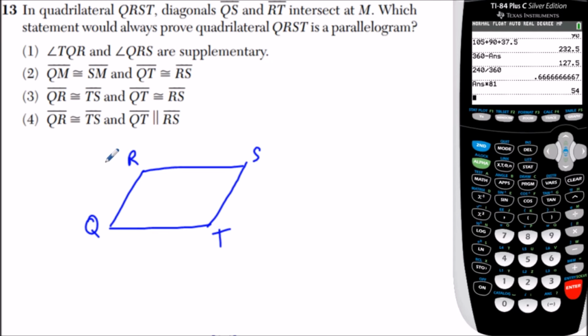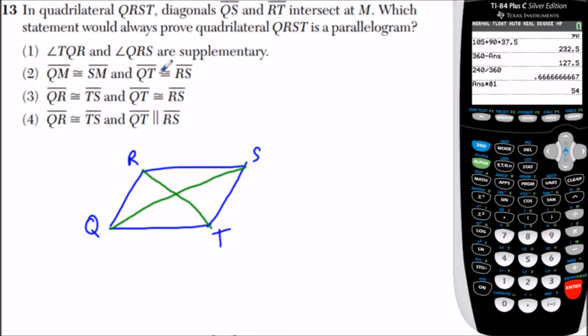But we have QRST, and if we read through the answer choices, we're looking at the diagonals QS, so we have QS connecting here, and RT. And we read through these and let's see which sides are the most relevant here. It looks like choice 3.